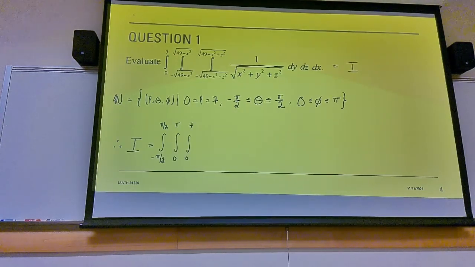Convert your integrand into spherical. What is it? dy dz dx is going to become rho squared sine of phi, d rho, d phi, d theta. Simplify that.